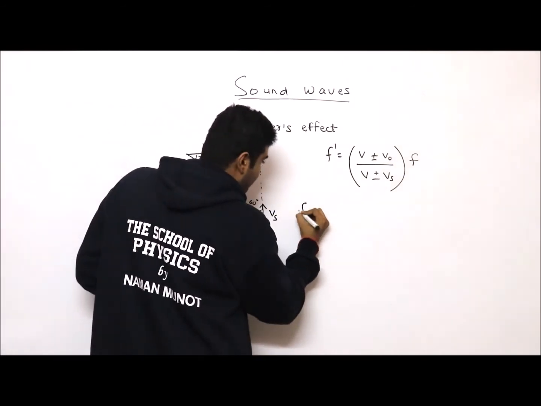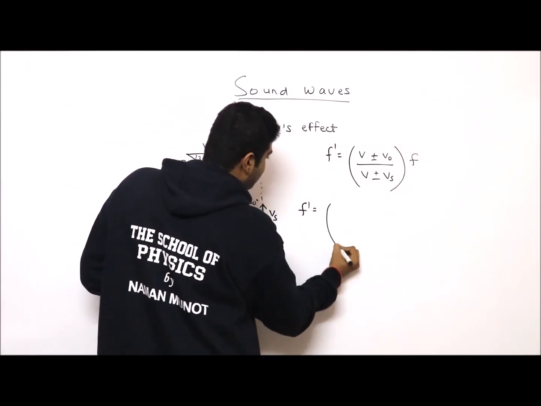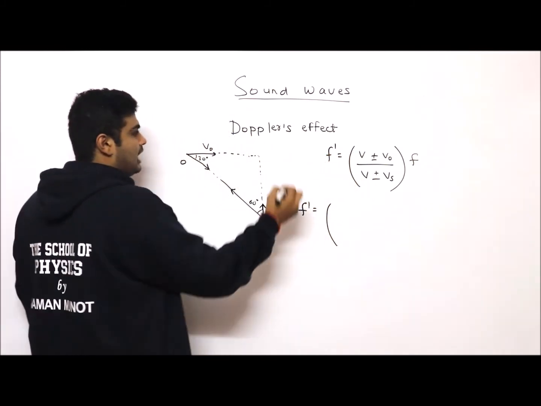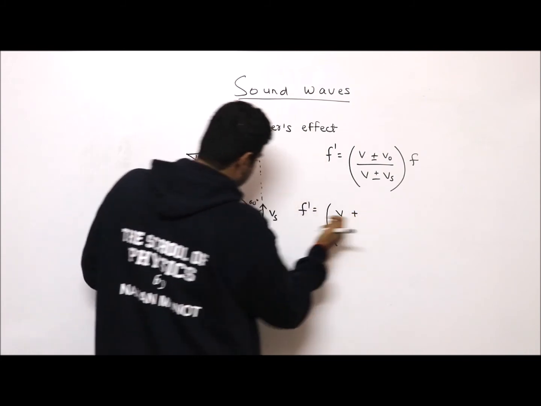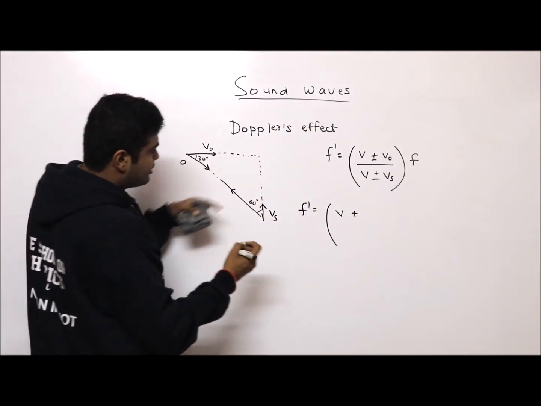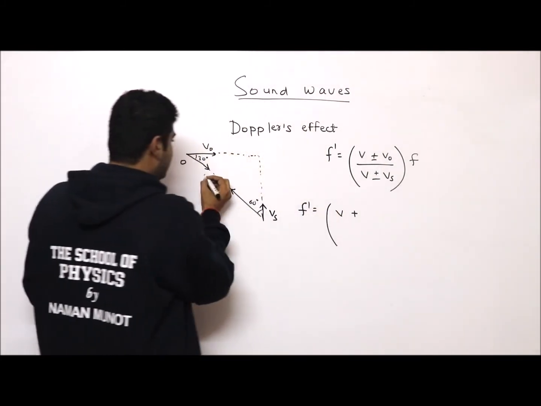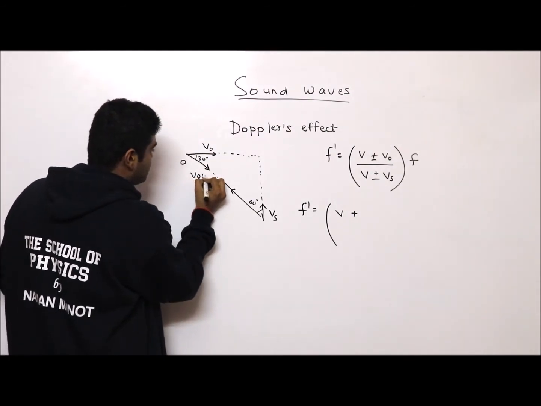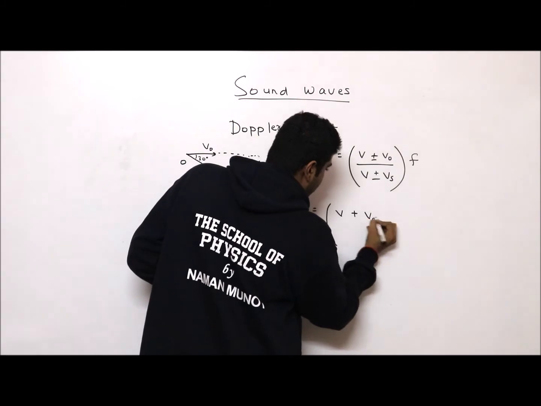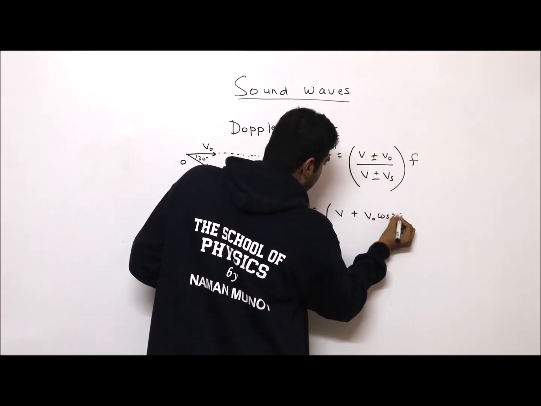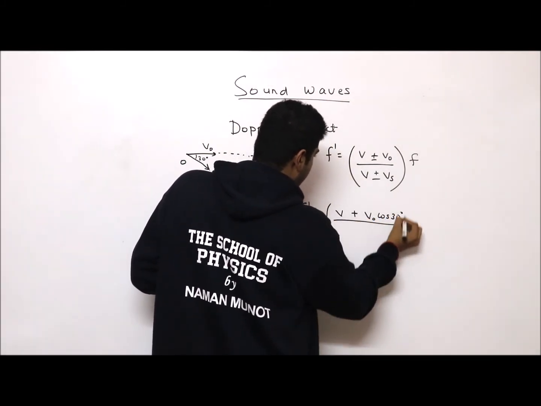So we write f dash is equal to v, the velocity of sound in this medium, plus, because the observer is moving towards the source, v observer cos 30 degrees.